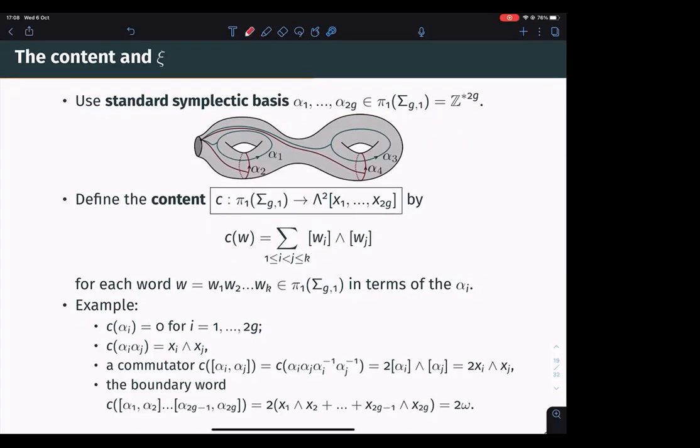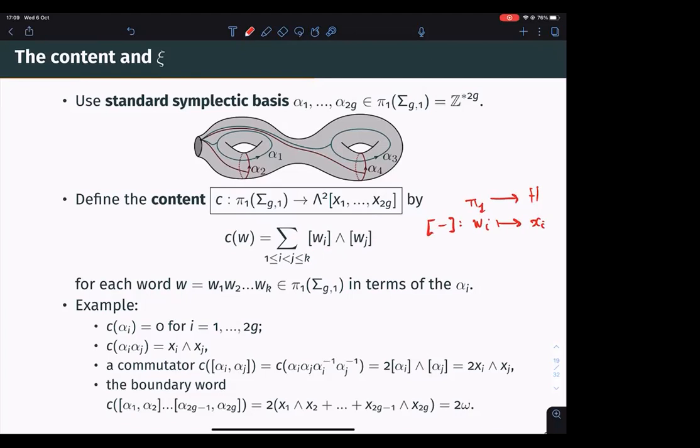I haven't written here that this sends w_i to x_i, that's from pi_1 to H. So that's the rational abelianization map. So what does it do?